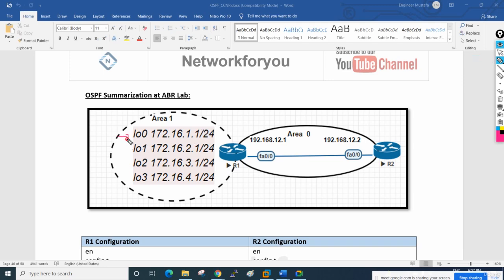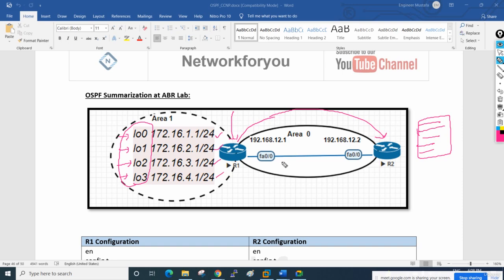Here I have taken loopback 0 to loopback 3, four loopbacks created here, and we are advertising the four networks, so we will have four routes. But in a real scenario you might have 400 networks, with 400 routes coming from this router to this router, and the routing table will be large. To overcome this kind of issue, we are going to do the summarization.